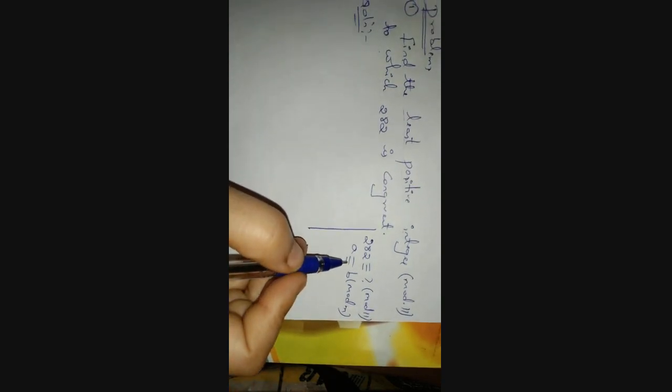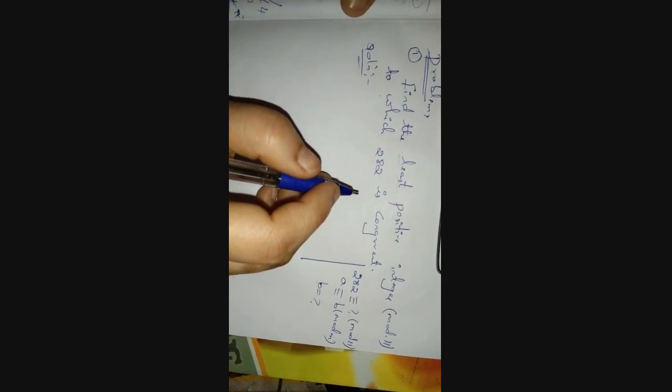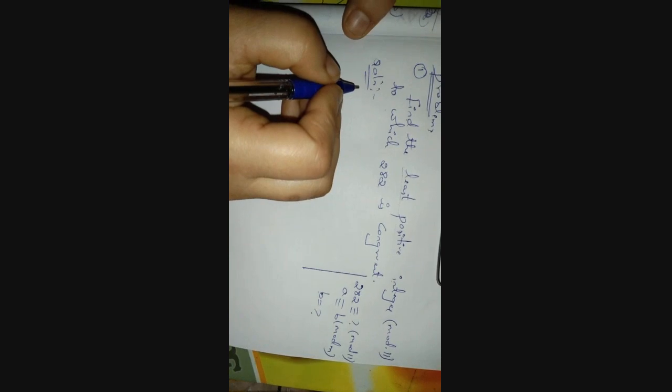In the sense A is congruent to B mod M, I need to find the value of B here. That is the idea behind this problem, what we need to find. So how can I find that? It's very simple, but remember that we need to find the least positive integer.